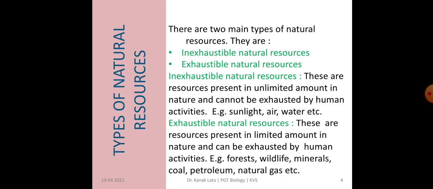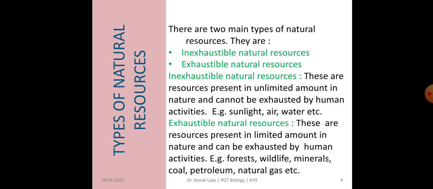Now let us see what are the different types of natural resources. There are two main types of natural resources. What are they? Inexhaustible natural resources and exhaustible natural resources. Here we are going to discuss one by one. First it is about inexhaustible natural resources.